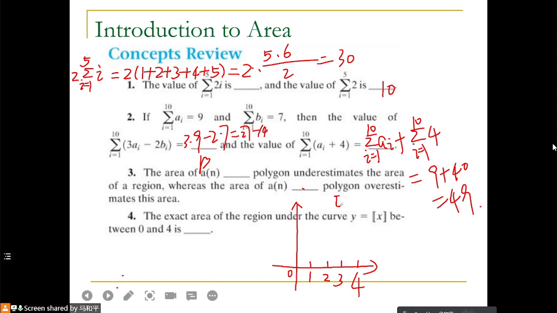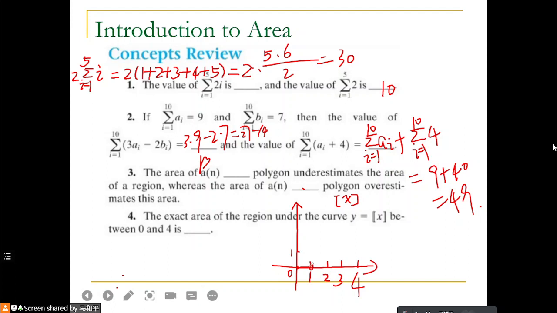The greatest integer function of x on the interval 0 to 1, please tell me the greatest integer of x is equal to 0, right? It's 0. And at x equal to 1, it's equal to 1.